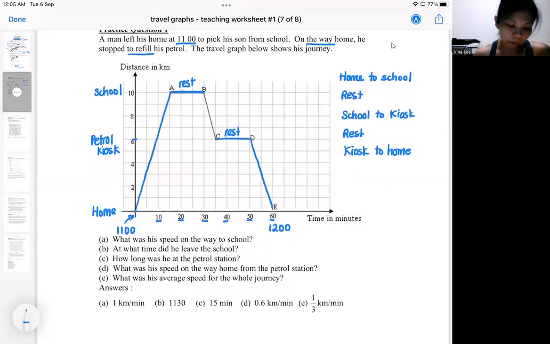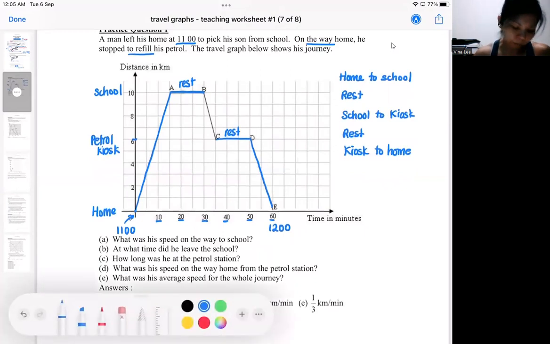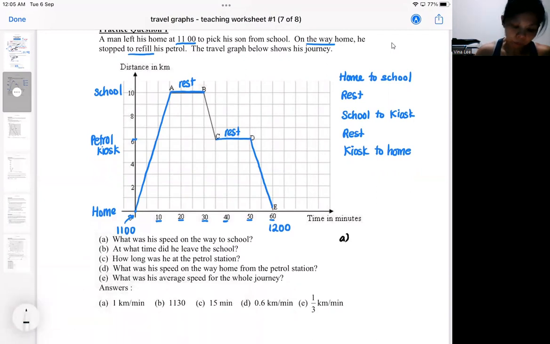For the first part, what was his speed on the way home? So the speed on the way home is like the gradient. So you can take the vertical distance over the horizontal distance.